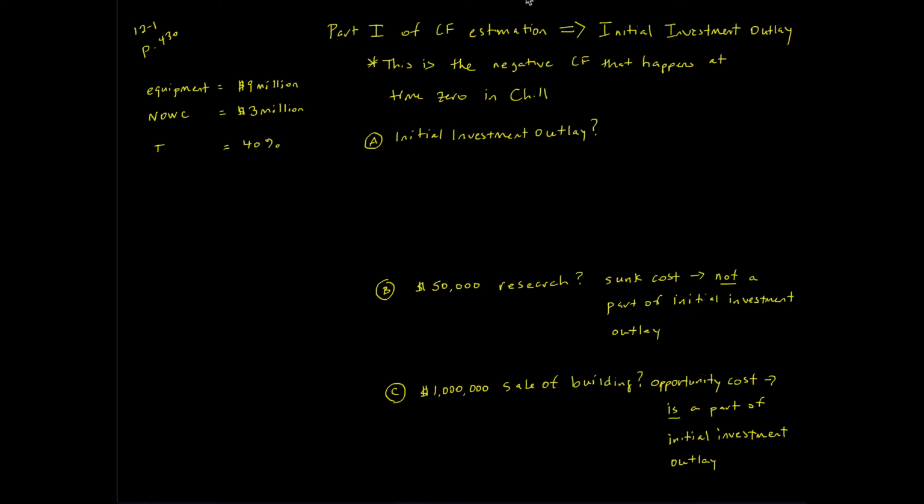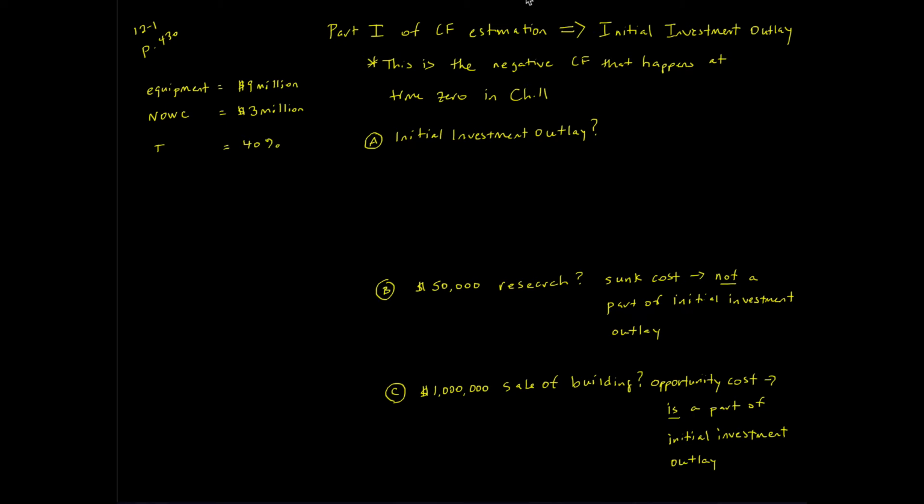And part 3, which we'll look at in problem 12-3, is calculating something called after-tax net salvage value. So problems 1, 2, and 3 break down each part individually, and problems 8 and 9, which I've also assigned, bring all three parts together.